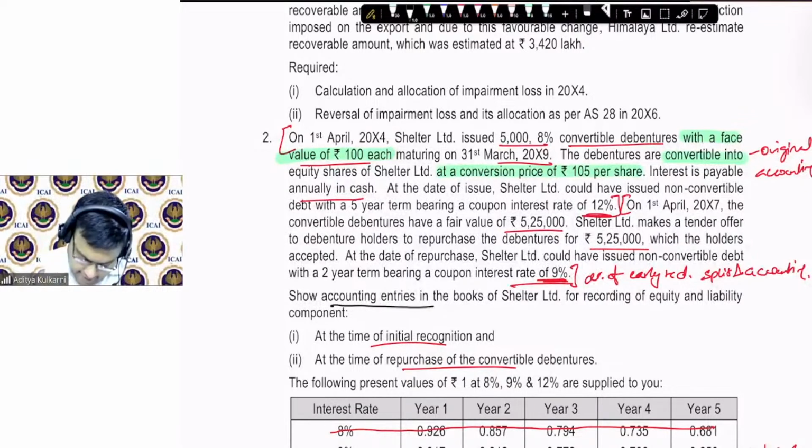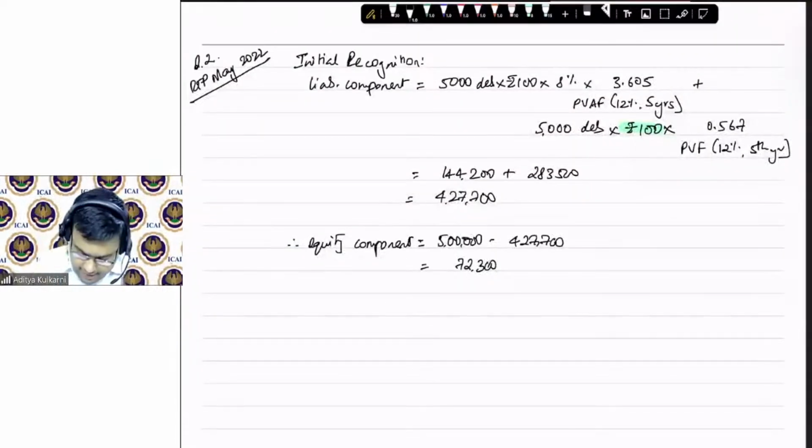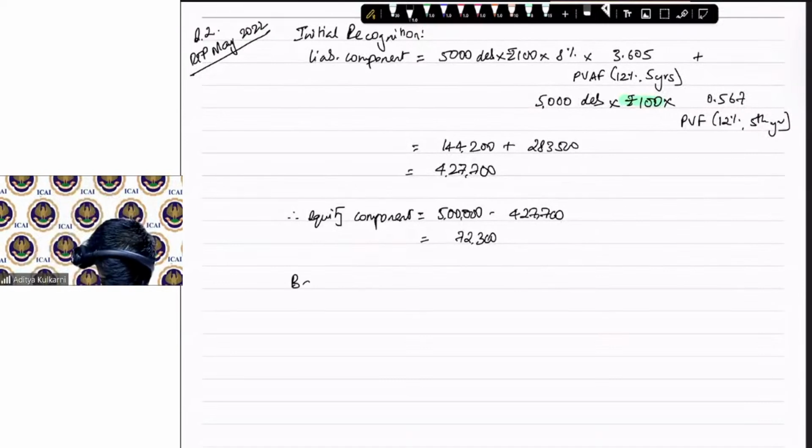Show accounting entries. So my journal entry is going to be at the time of initial recognition. I will pass the entry for 5 lakhs.